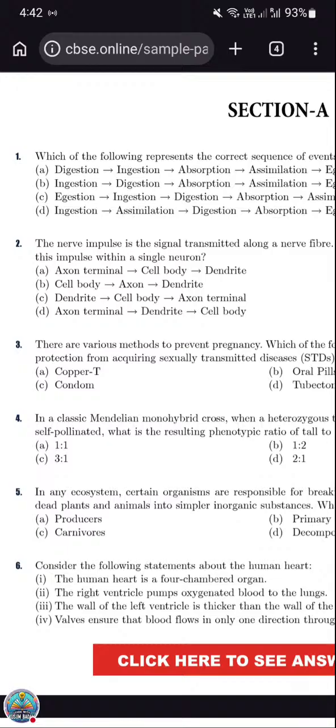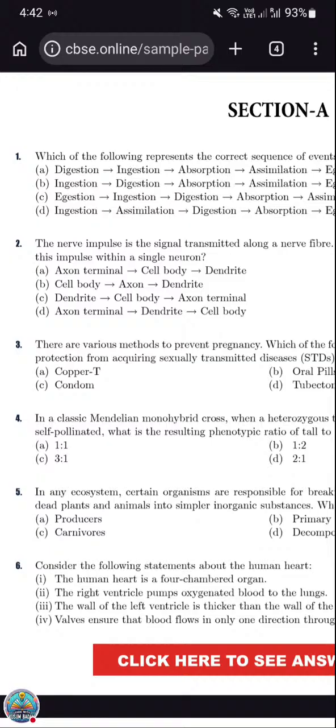Question number 2: what is the correct sequence for nerve impulse signal transmission in a neuron? Axon terminal, cell body, dendrites; cell body, axon, dendrites. First one is wrong. Okay, for 2, the correct answer is C.